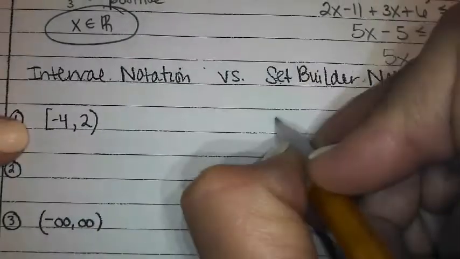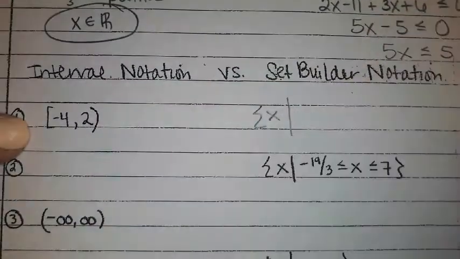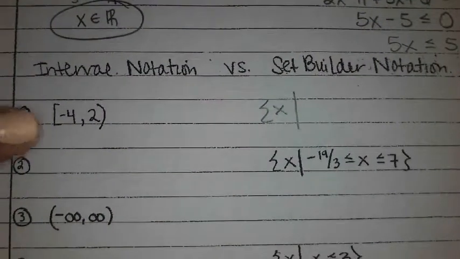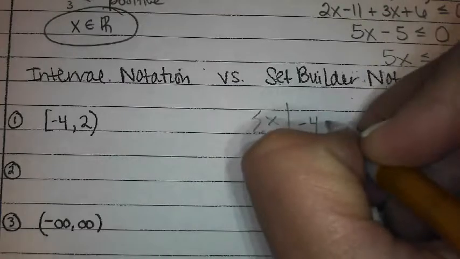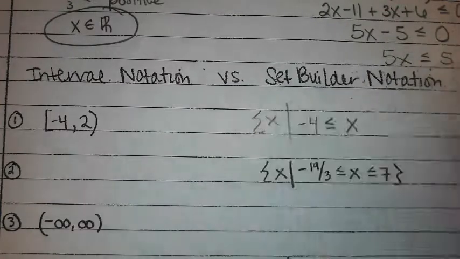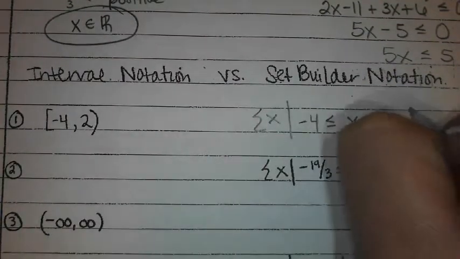So this is the set of all x's such that, and if you're falling between two numbers, you're going to use that compound inequality. So from negative 4, which is less than or equal to x, which is less than 2.